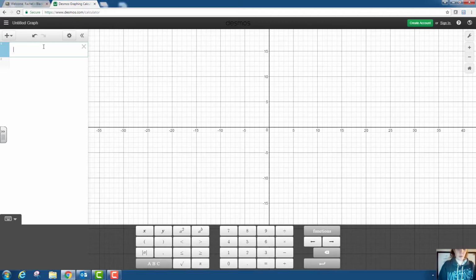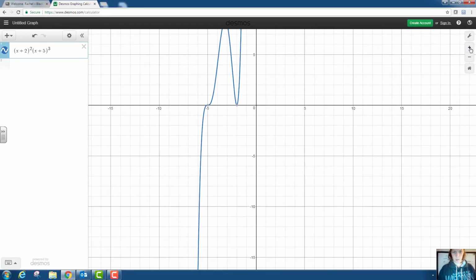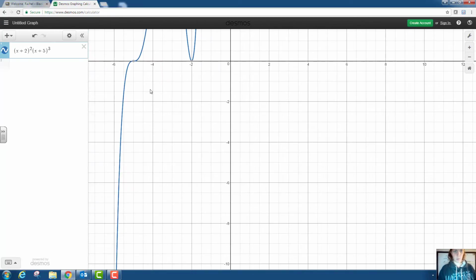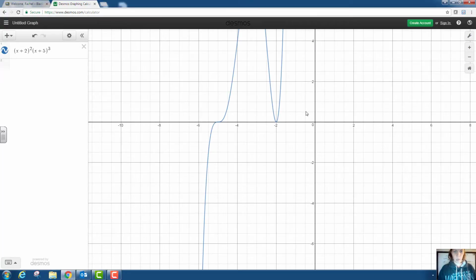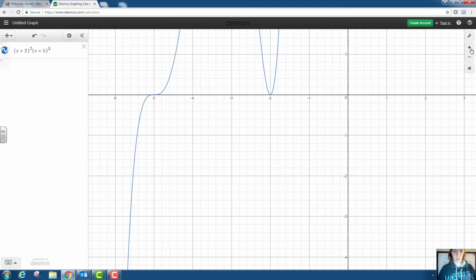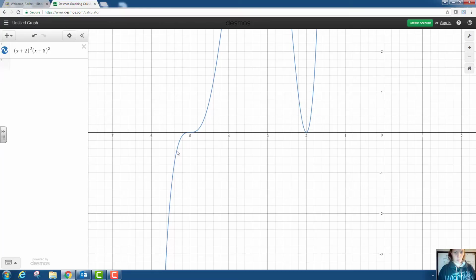So let's double check this one in decimals, see what it looks like here. X plus 2 to the second power times x plus 5 to the third power. I didn't get it quite right when I graphed it, but see too how, as you get closer, it looks like an x cubed function in this spot because that had multiplicity 3.